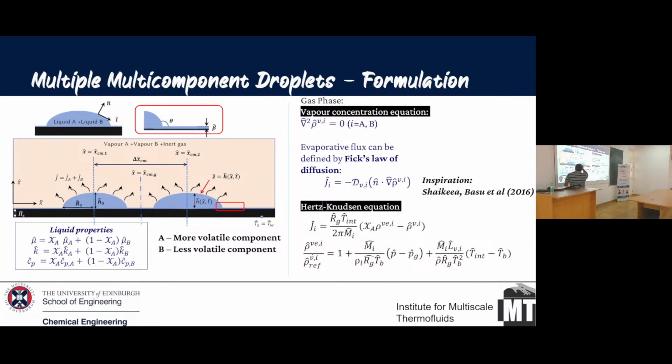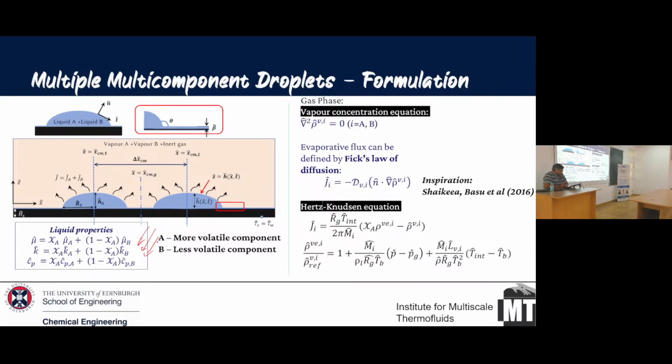You've got two droplets separated by a distance, with evaporation from both. If you closely look at the contact line, you would see that there is also a precursor film, and again we say that we are looking at linear properties.